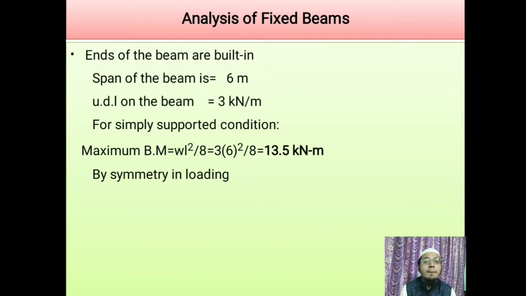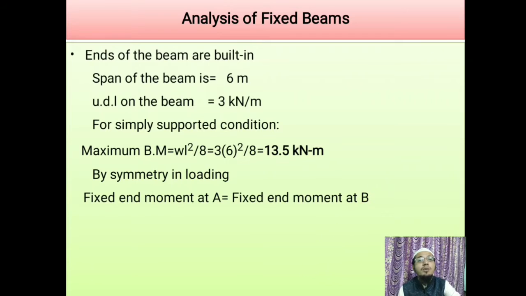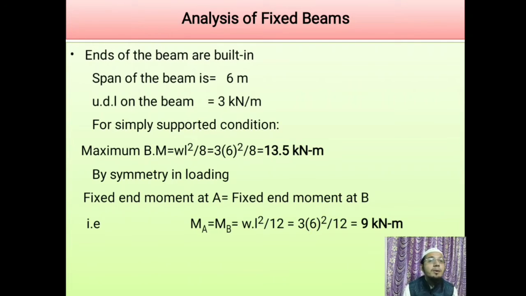Now next, due to symmetrical loading, the fixed end moments will be the same. That is MA and MB will be equal, equal to WL square by 12. What is the formula for fixed end moments in case of UDL over the entire span? Yes, MA equals MB equals WL square by 12.